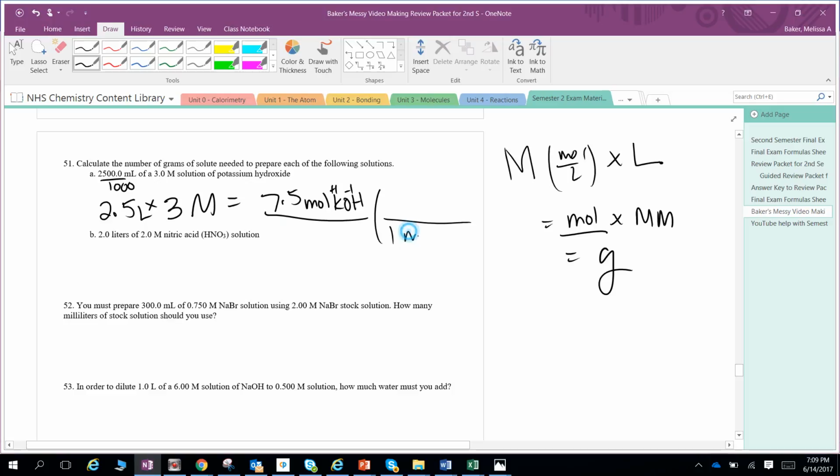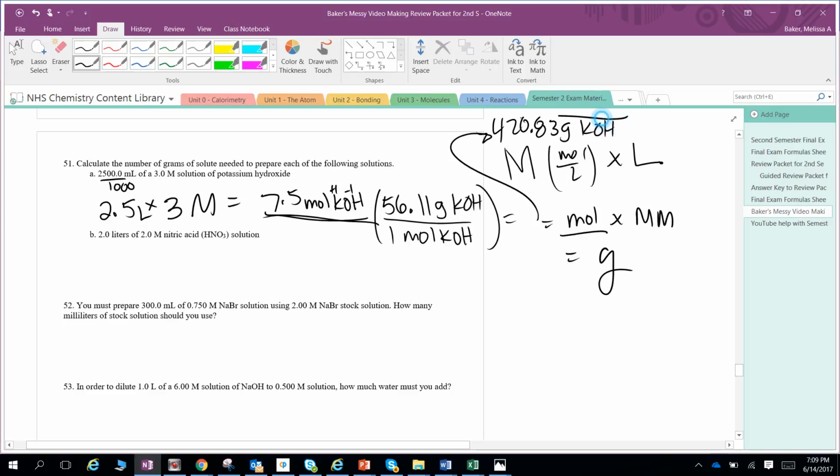So how many grams is that? Well, 1 mole of KOH, if I add that up from the periodic table, is 56.11 grams. So I've got 7.5 moles. So I need to multiply, and I get 420.83 grams of KOH are needed.